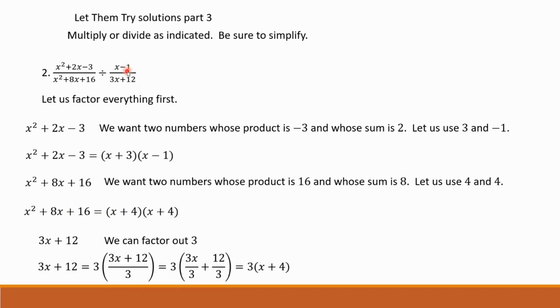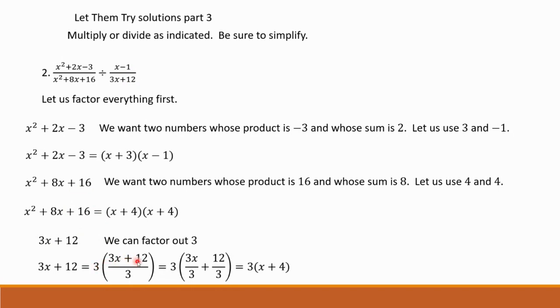X minus 1 we can't factor. 3x plus 12 we actually can, mostly because 3 is a factor of 12. So what do? Well, we can factor 3 out. So we have 3 in front, right? 3 is the greatest common factor of 3 and 12. So we can factor that out. We put the 3 in front.